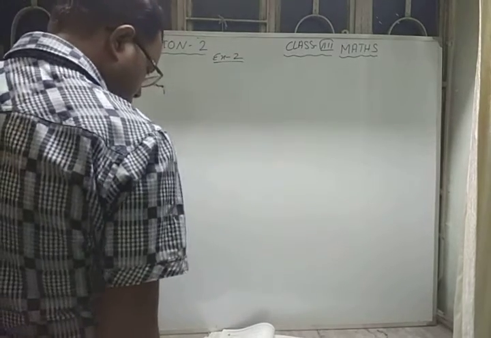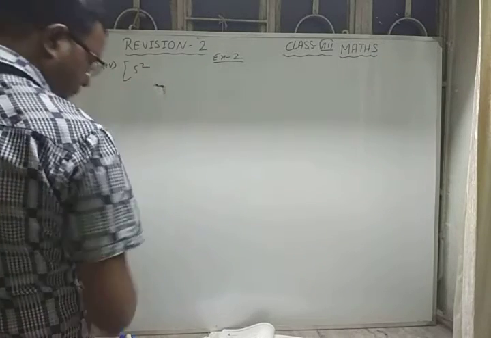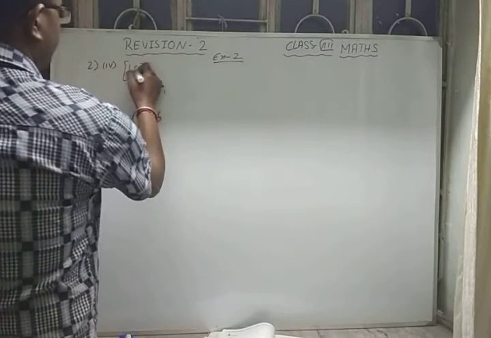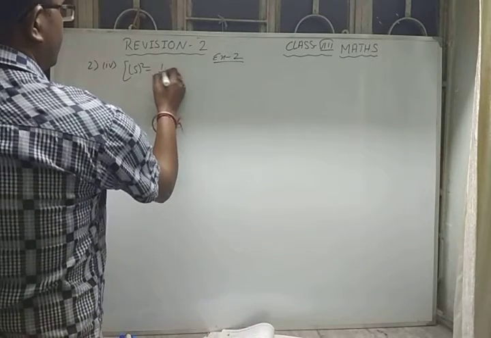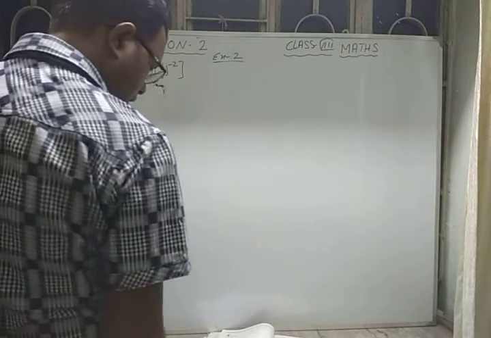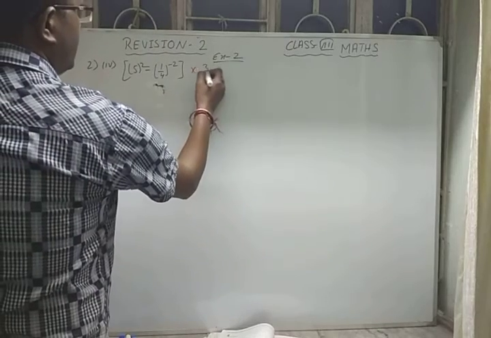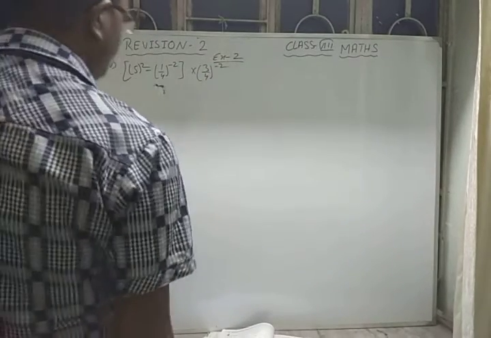The question is 5 square minus 1 by 4 whole to the power minus 2, bracket close, into 3 by 4 whole to the power minus 2. Now you have to simplify this sum.